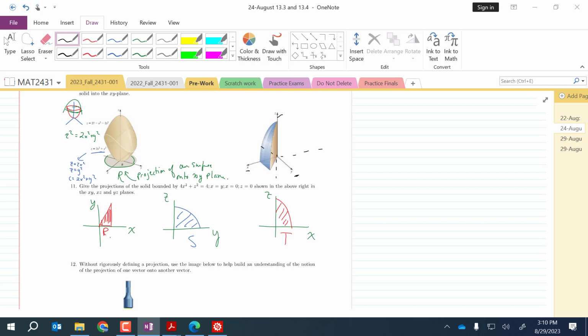Okay? So if we're just drawing two dimensions, we usually orient it the same way we've always oriented it. So that can cause some kind of confusion as you take this three-dimensional shape and smash it down. Hopefully we all see, if I smashed it literally, keeping it in R3 here, that shadow would be right there. But then I took that and rotated it this way. We okay with that?